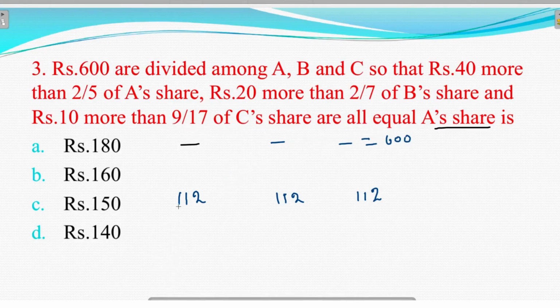This is important. Anyway, I am assuming 180. For 180, 40 extra plus 40% of 180, 72, gives 112, 112, 112. Now I will check this. 112 minus 10 will be 102. 102 is not a multiple of 9, so it is not my answer.